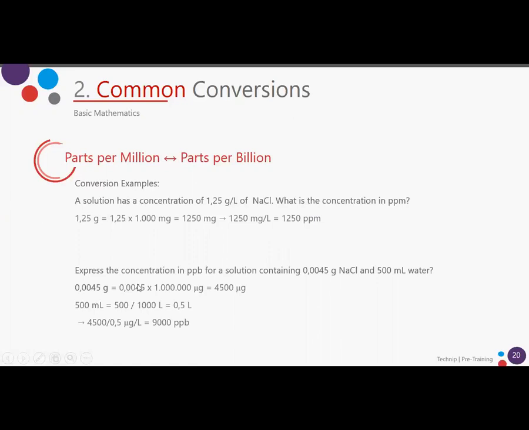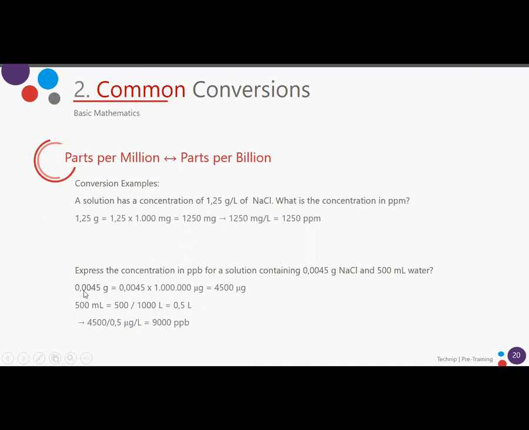The next example is I want to know the concentration in ppb for a solution containing 0.0045 gram sodium chloride in 500 milliliter water. So we remember again that 1 microgram per liter is 1 ppb. So I convert my grams to micrograms, and the conversion factor is 1 million.